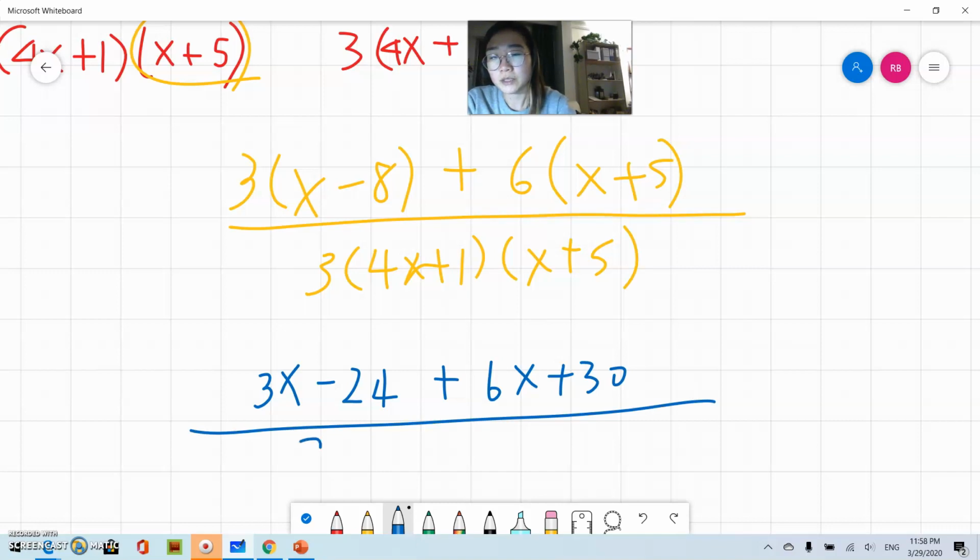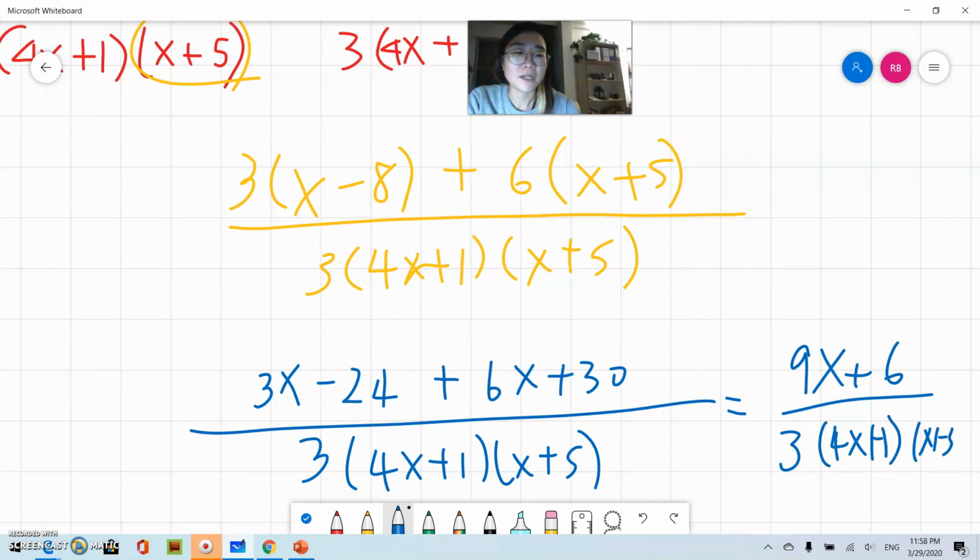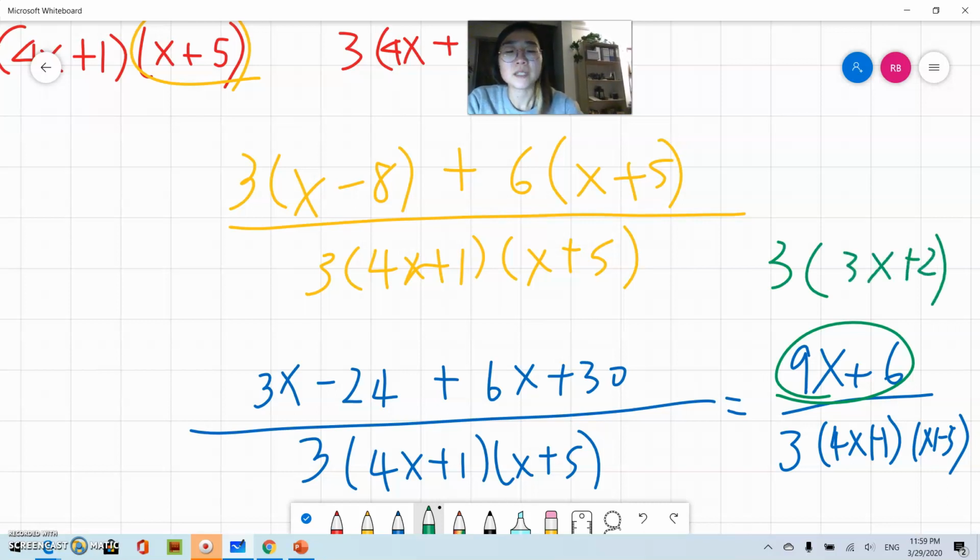The bottom would be just that big expression. And when we simplify all that, it's 9x plus 6 over 4x plus 1 and x plus 5. But we are not done because this one has a GCF of 3. So actually these 3's cancel, and the answer is 3x plus 2 over 4x plus 1 times x plus 5.